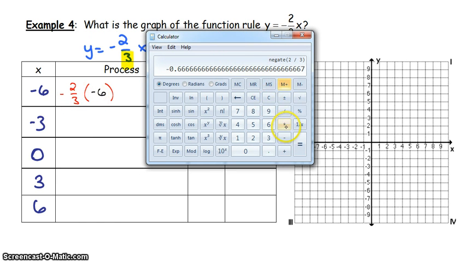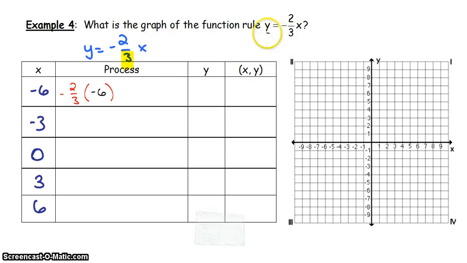So I have my answer times 6. I make that negative, and I hit equals. I get +4. Make sure you check these in your calculator every time. We got +4 in this case.